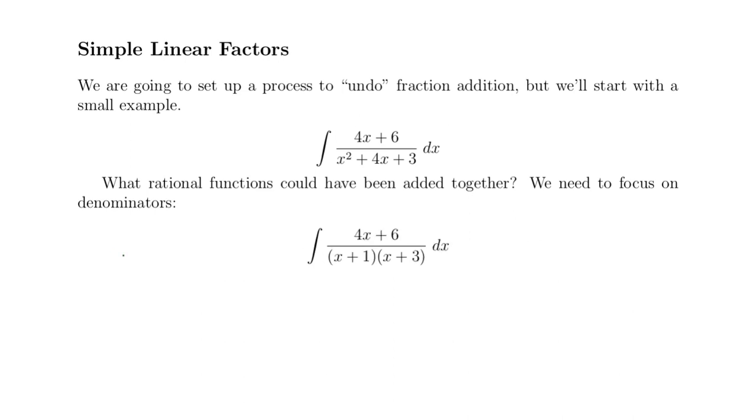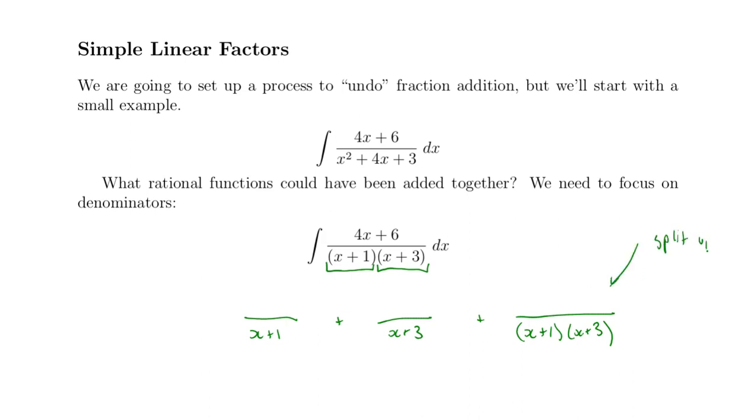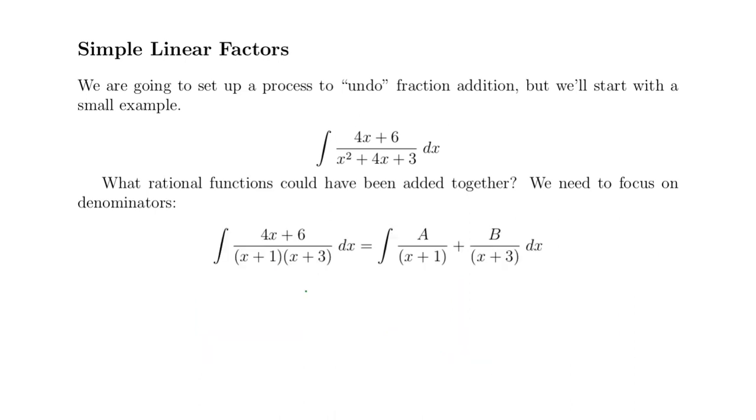What we'll notice is that if we make a common denominator out of these two pieces, then the things that were added together have to be over those denominators. You could technically get something with a combination like this, but then we could go ahead and split this one up. So either way, we're going to end up with two fractions with a denominator of x plus 1 and a denominator of x plus 3. And that's what I've got written here.